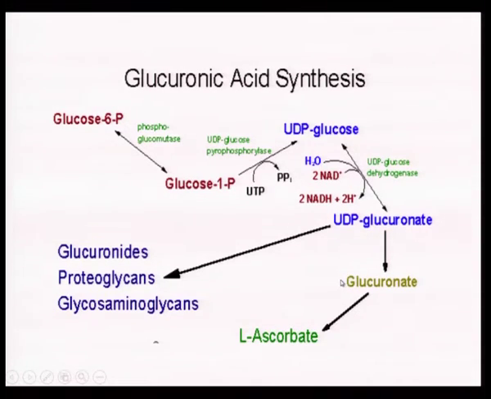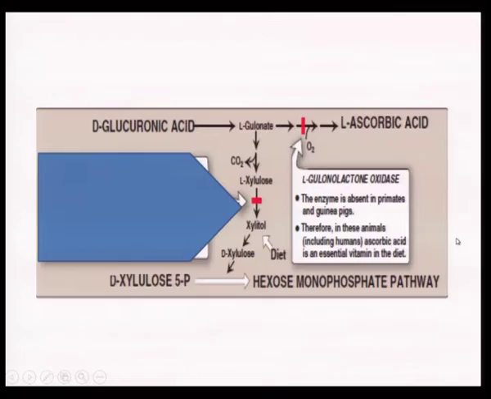We do not have this pathway active in terms of producing vitamin C. Now here is the summary of the pathway where D-glucuronic acid gets converted to L-gluconate and finally to L-ascorbic acid.